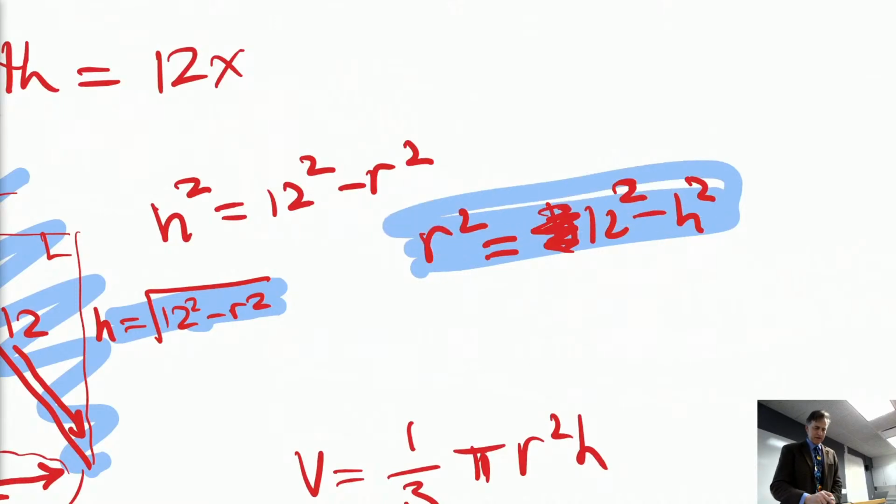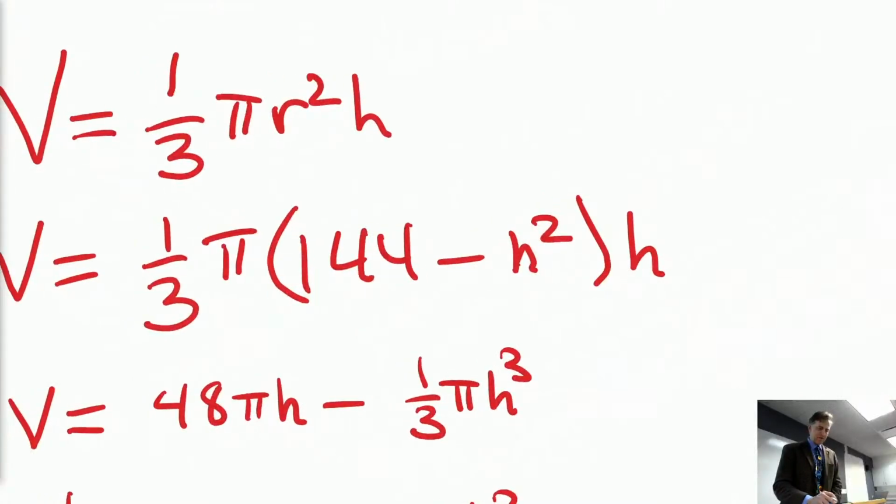And then I'm going to just replace the r squared with that. That way I don't have any radical. That was just a beautiful way of doing this.